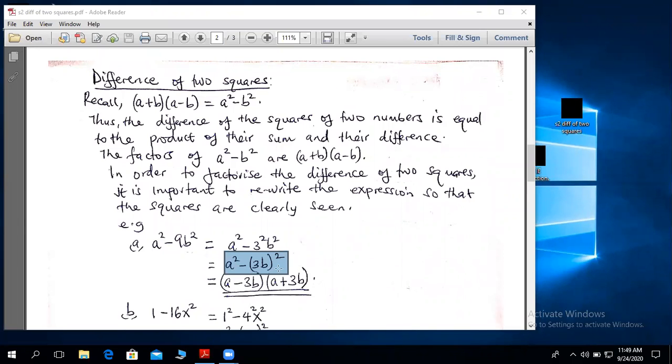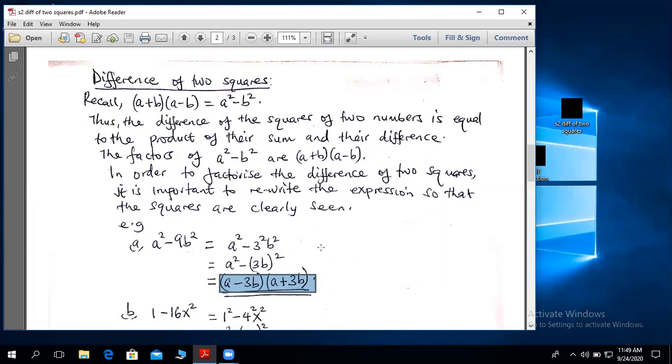So finally, my factorized expression is a minus 3b into a plus 3b, meaning when you multiply or open bracket, you should be able to get this. So that's what it means to factorize. To factorize means to get factors out of what you have been given.